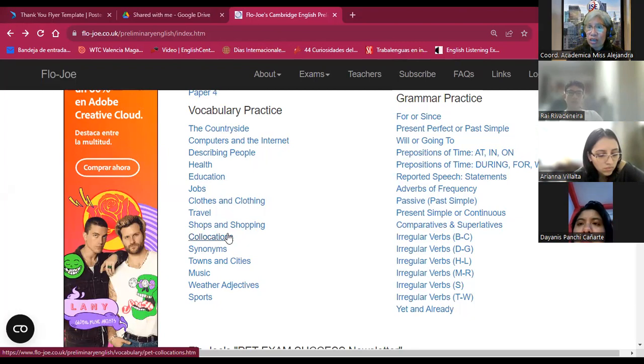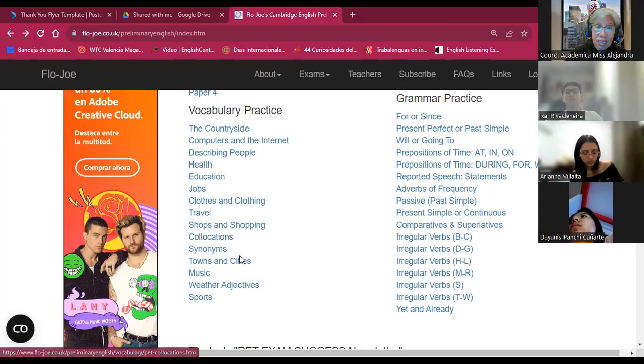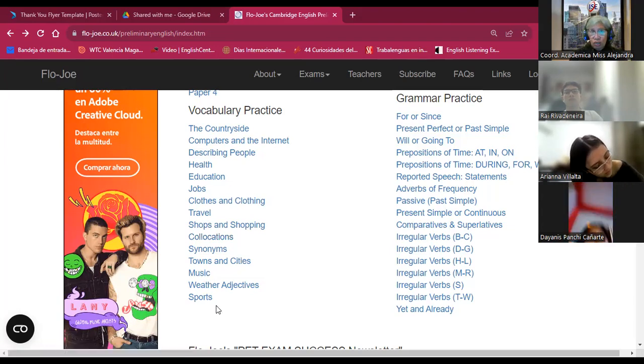Get up, get out, get away, get into, get onto, get in, and with the verb look: look up, look away, look at. But basically in B1 is when you learn the collocations that you will need for the test. Synonyms, towns and city, music, weather, adjectives, and sports. Those are the topics in which reading is based.